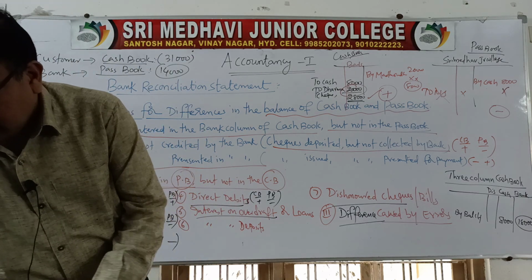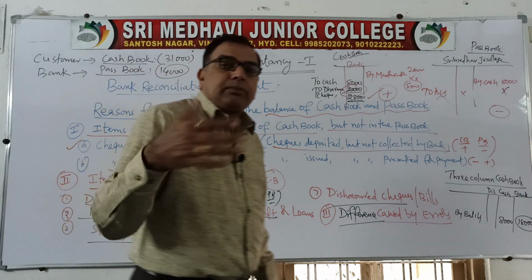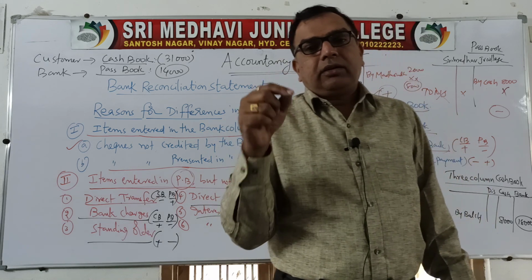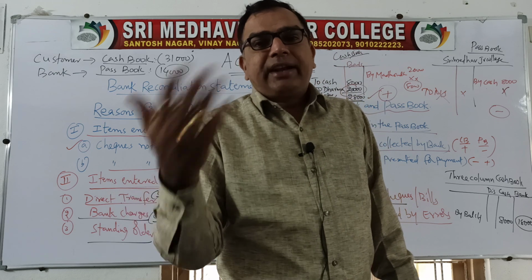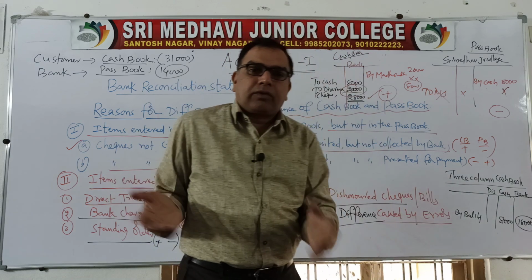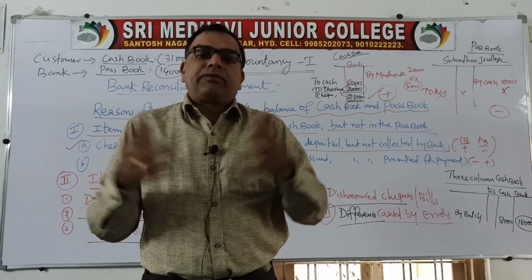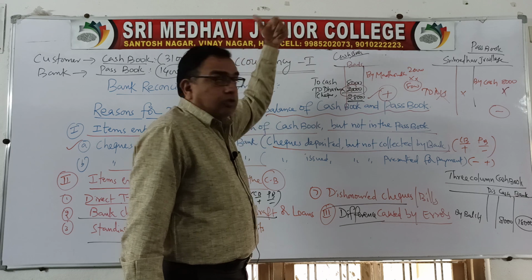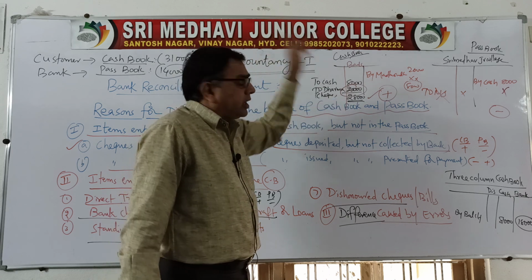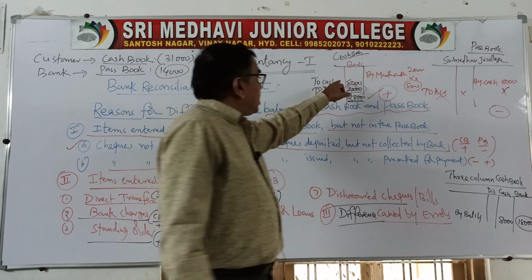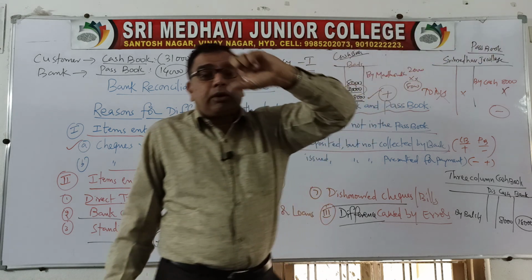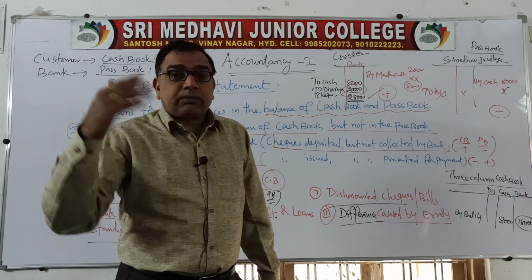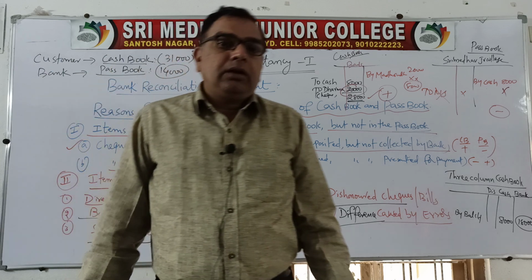Many times we commit mistakes due to human errors, like writing one zero less or one zero more, addition, subtraction problems, carrying forward, balancing. Such types of mistakes may also take place. Like here, we have to write 20,000 plus 8,000, 28,000, but unfortunately we have written only 18,000. While transferring this 8,000 to another book, we might have written 80,000. If you place one more zero, it becomes 80,000. Such types of errors will also create problems in the balance.